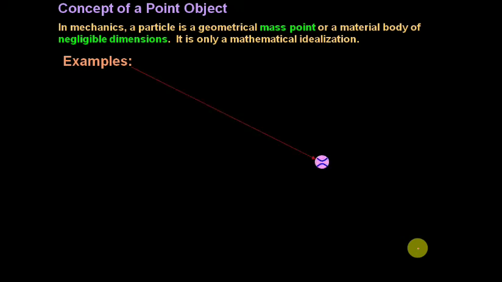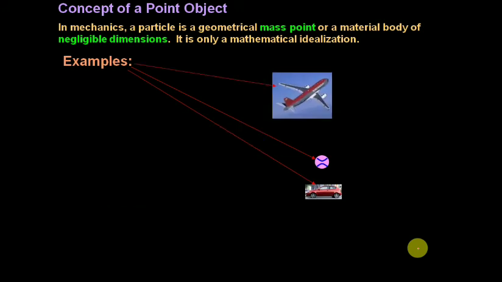Examples are many. This is a ball lying on a plane, that is a car, that is an aeroplane in the sky, that car is on the road.